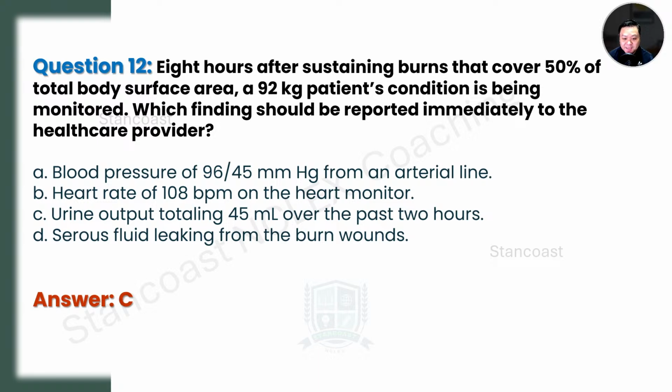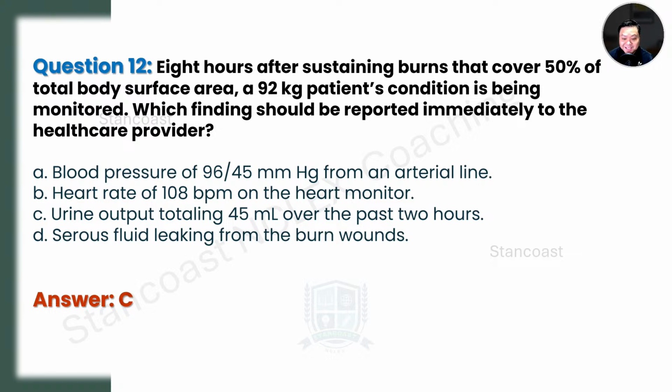This is a worrisome issue, because during the initial stage following severe burns, the urine output should ideally be between half to 1 mL per kilo per hour. This is oliguria. This is reflecting hypovolemia, and we need to resuscitate this patient with IV fluids.